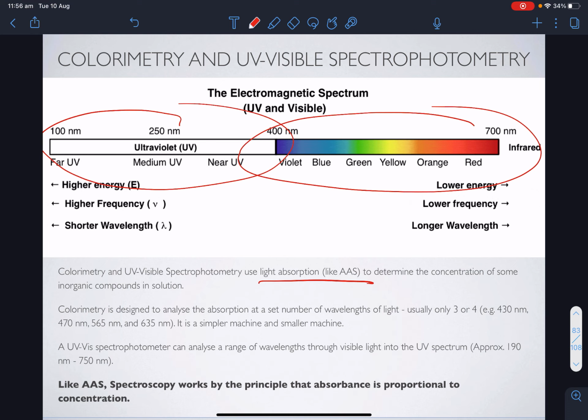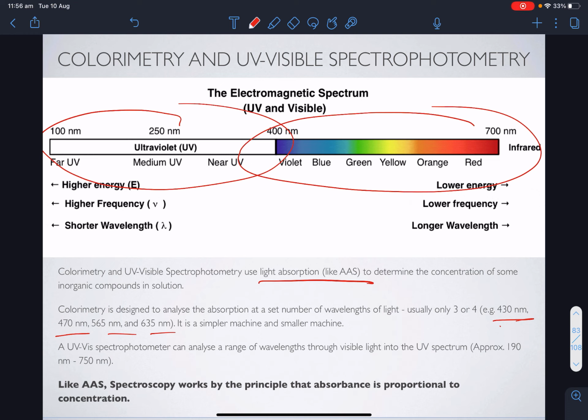Okay, colorimetry uses the same idea, but it only gives out set wavelengths of light, only 3 or 4 wavelengths. So for example, the one that we've got at school gives out only 4 wavelengths. These 4 here in nanometers: 430, 470, 565, and 635.